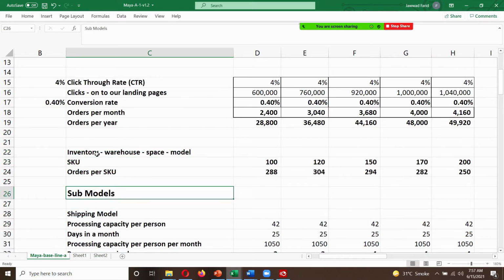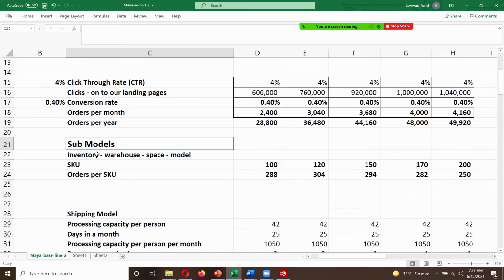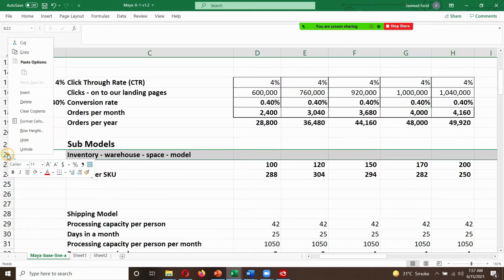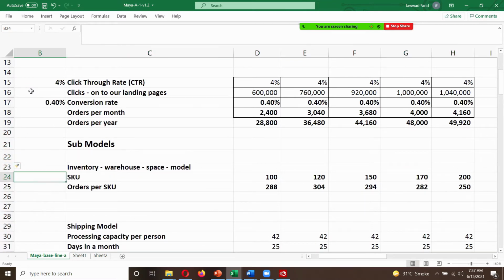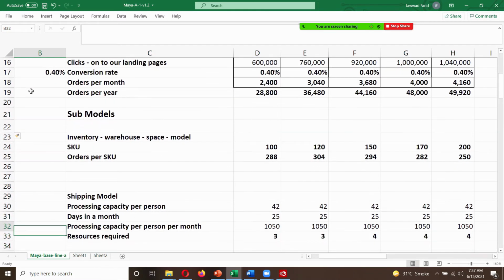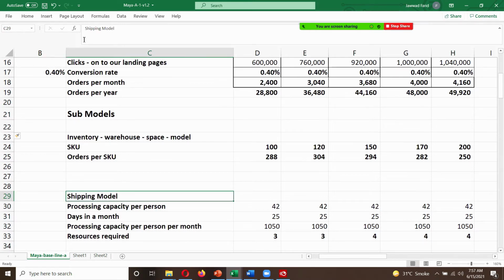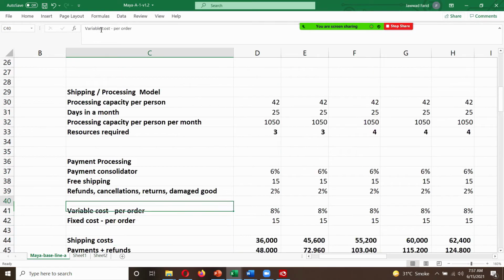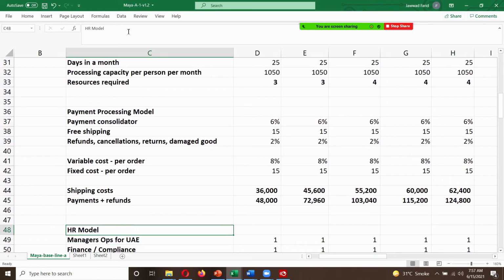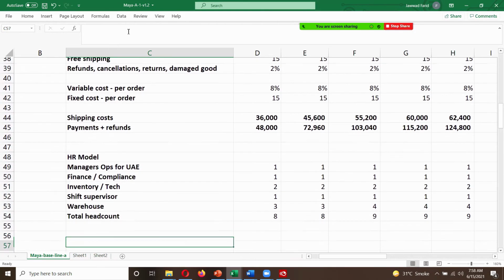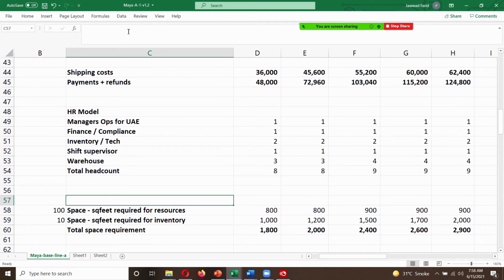This is our shipping and processing model. This is our payment processing model. This is our HR model. And this is our space calculator.